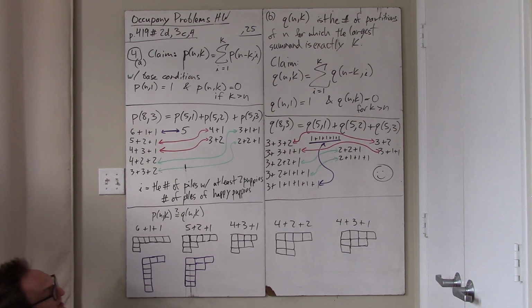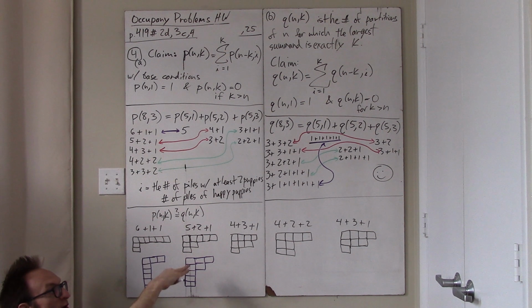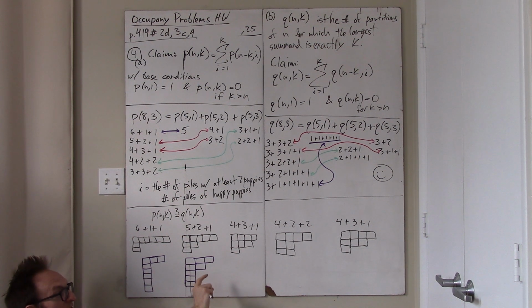And now, again, a pile of size 5, a pile of size 2, a pile of size 1, gets reinterpreted as a pile of size 3, a pile of size 2, 1, 1, 1. And in every one of these cases, because I start with 3 rows, when I perform this reflection, I get a figure whose first row is guaranteed to be the largest and guaranteed to be of size 3.